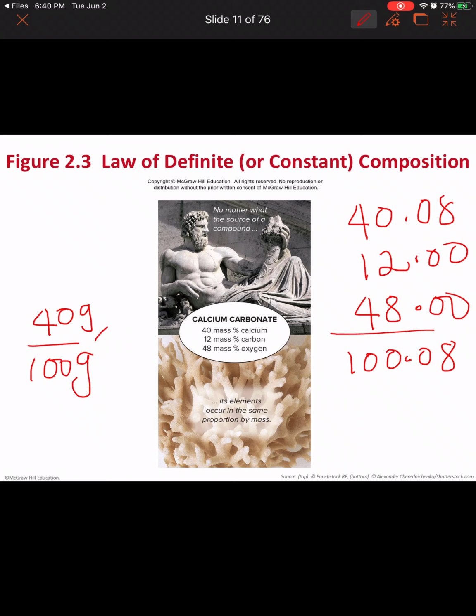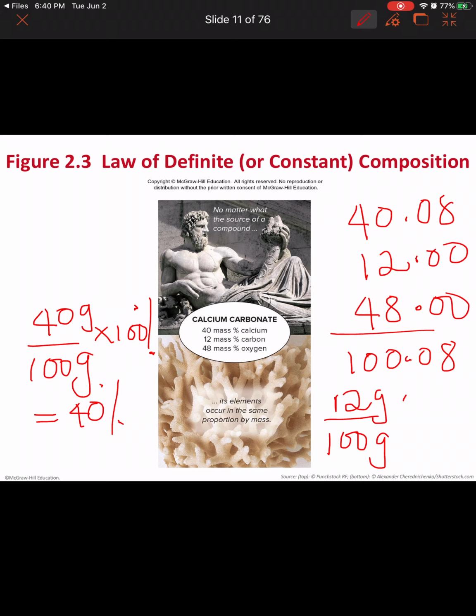And if you want to find out the percentage, you multiply it by 100. So that will give you 40% of calcium. That's how you find out the percentage. And similarly, if you want to find out the percentage of carbon, 1 mole of carbon is 12 grams. And then the molar mass of calcium carbonate is 100 grams.